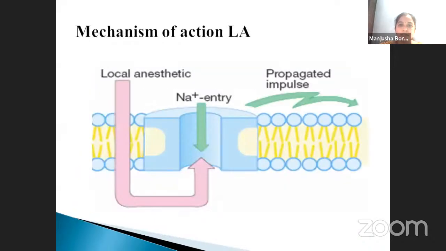This diagrammatic representation shows how local anesthetic drugs produce the effect. The site of local anesthetic action is the cell membrane.